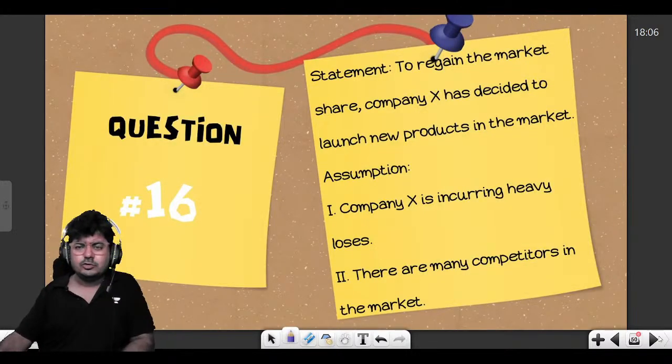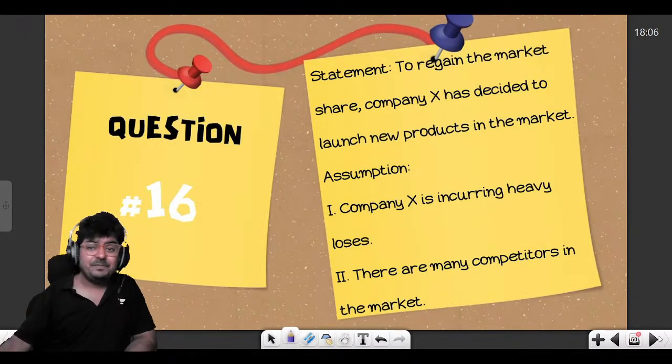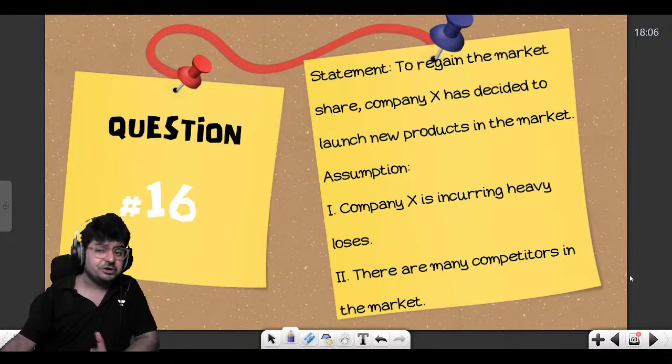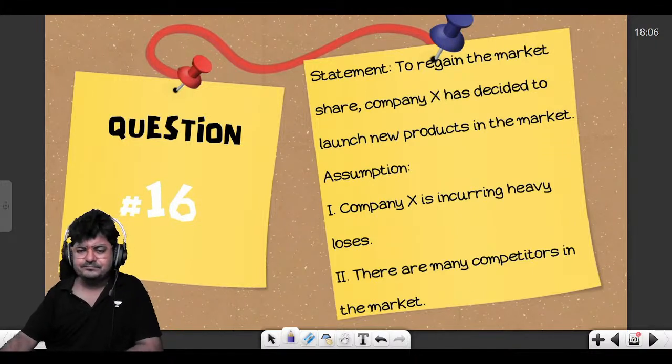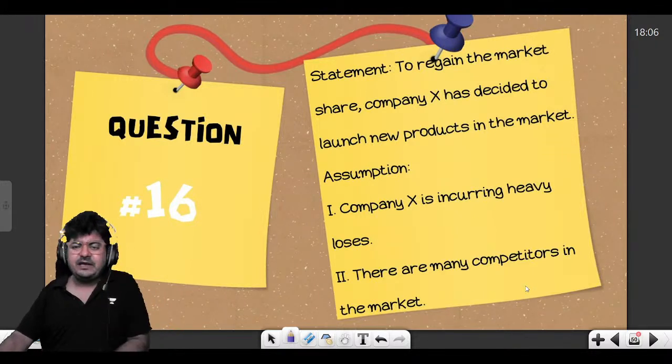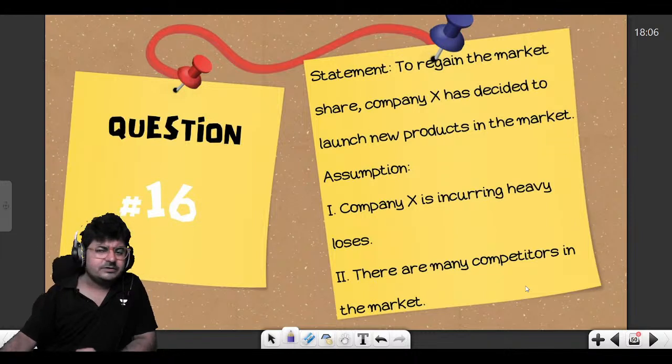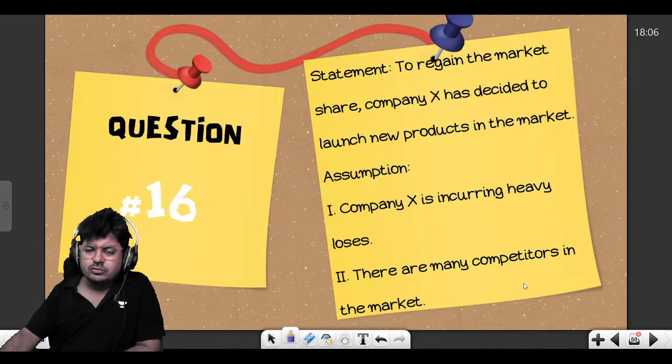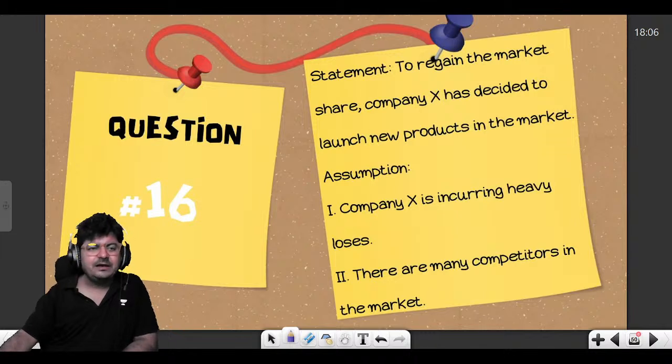Next, to regain the market share, company X has decided to launch new products in the market. Assumption one: company X is incurring heavy losses. Two: there are many competitors in the market.